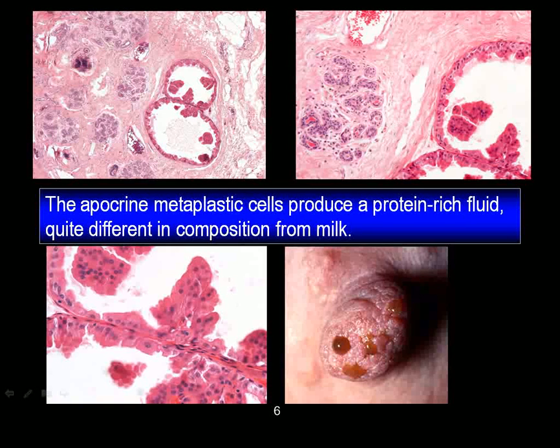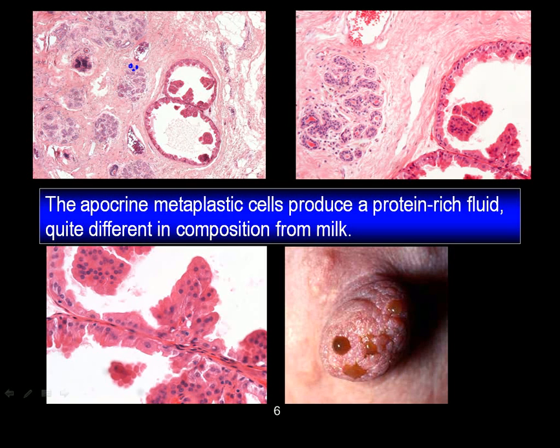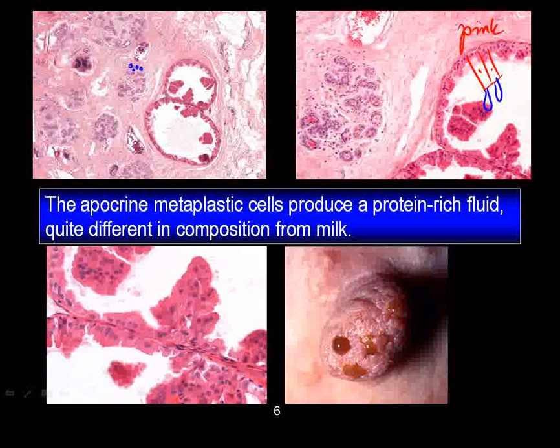Imagine that in these resting atrophic TDLUs, gradually a change takes place, and that change is called metaplasia, apocrine metaplasia. So the cells are going to change to these cylindric long cells, and they stain pink. And they don't do anything else but produce fluid.